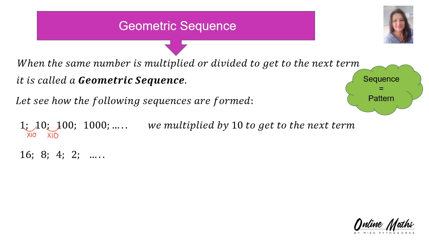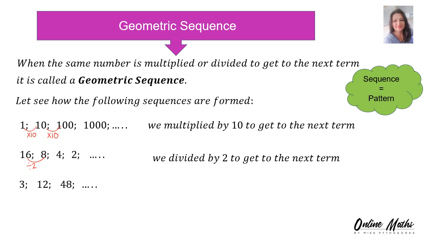When I give you the sequence 16, 8, 4, 2, we divide it by 2 to get to the next term. So to get from 16 to 8, we divide it by 2. 3, 12, 48. We multiplied by 4 to get to the next term. From 3 to 12, multiply by 4.